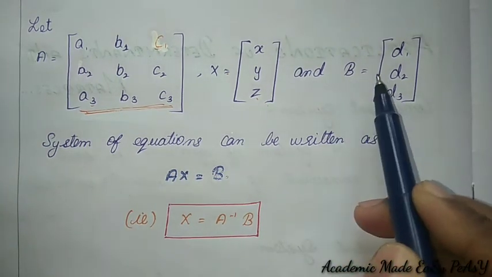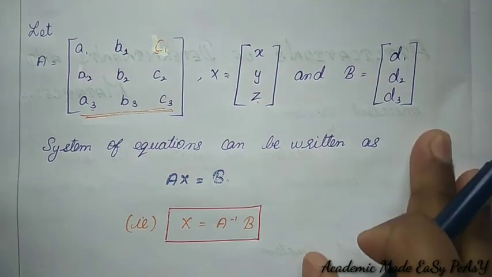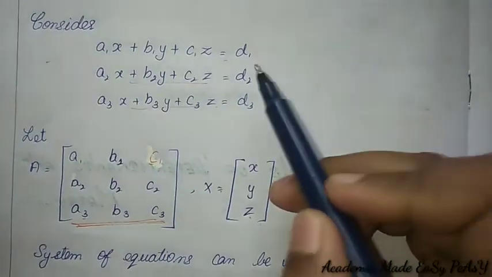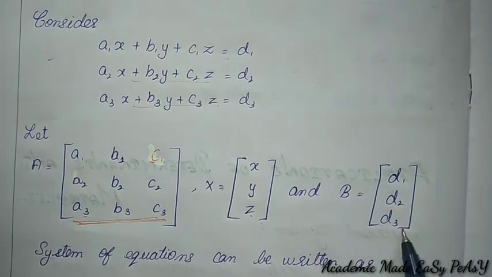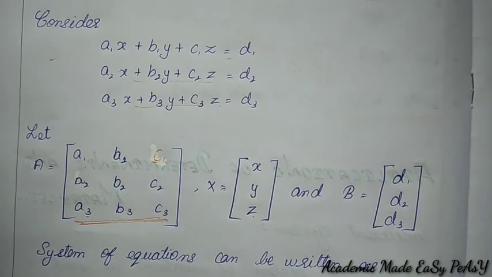And B will contain the constants, which are on my RHS.